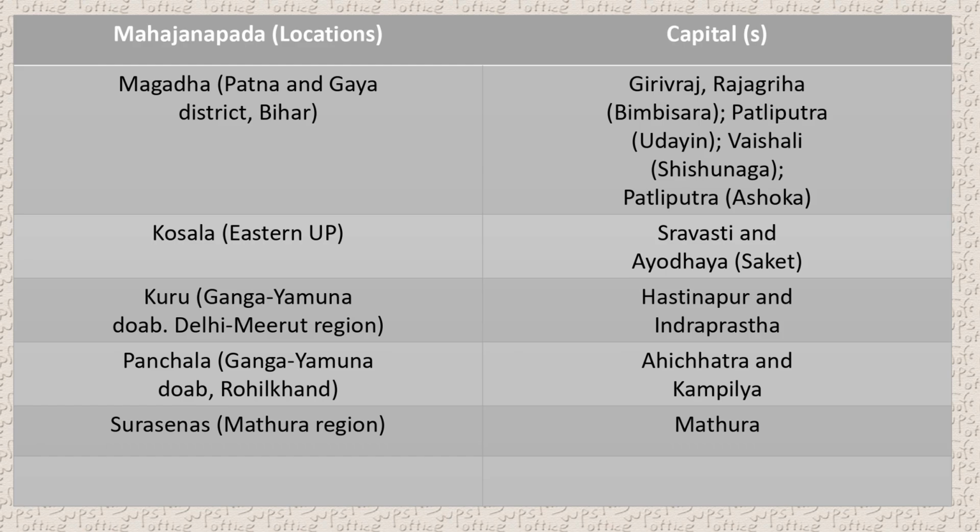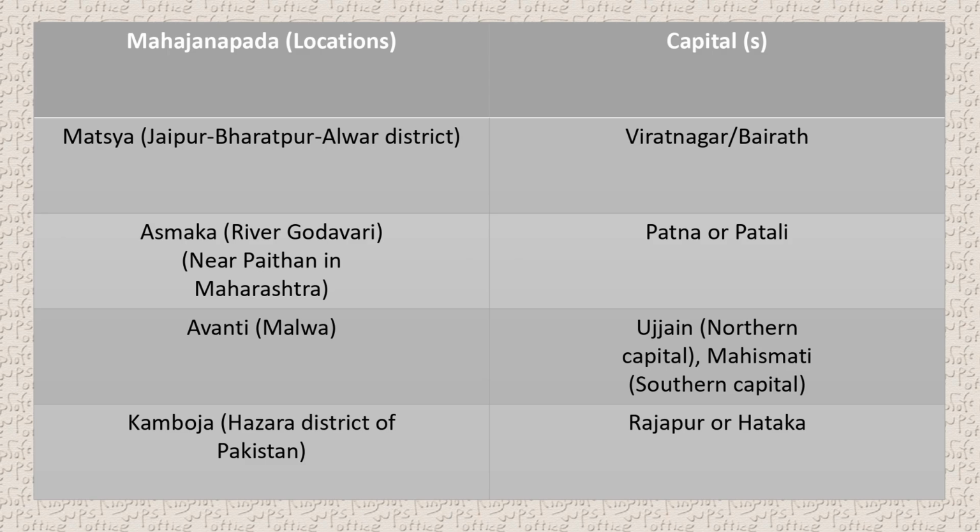Surasena, Mathura region, Mathura. Matsya, Jaipur, Bharatpur, Alwar district, Viratnagar or Bairat. Asmaka, River Godavari, near Paithan in Maharashtra, Potana or Potali. Avanti, Malwa, Ujjain, northern capital, Mahishmati, southern capital. Kamboja, Hazara district of Pakistan, Rajapura or Hataka.